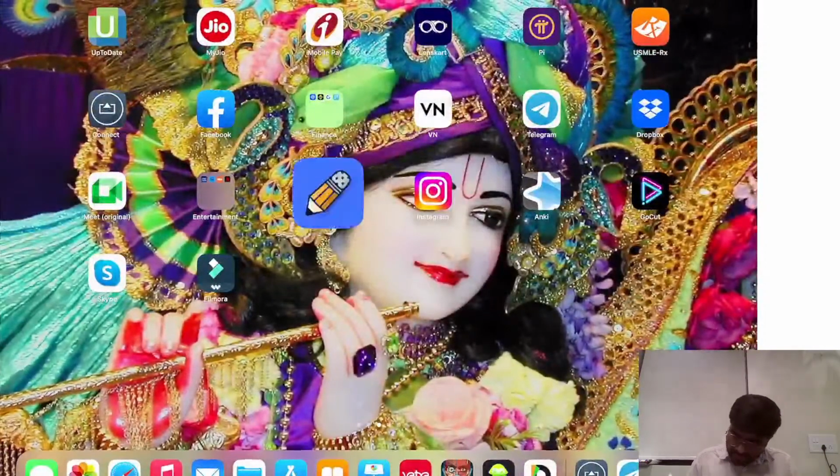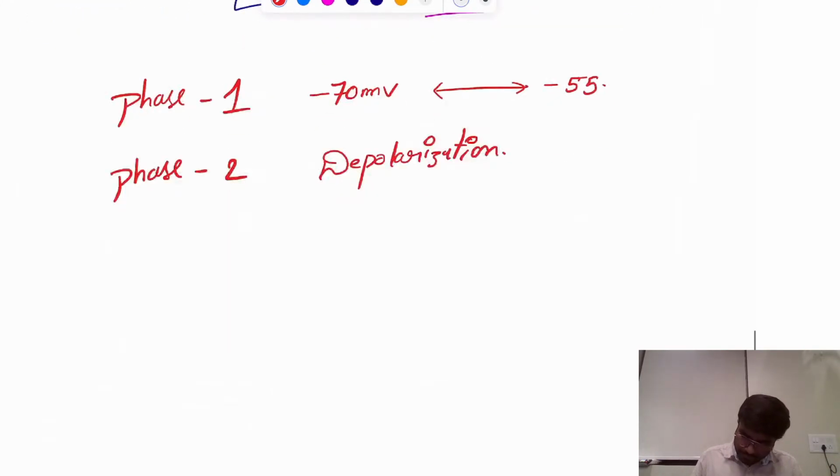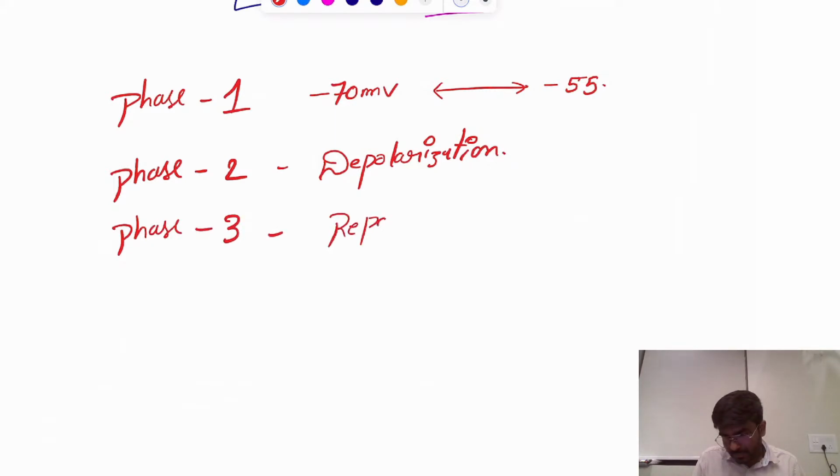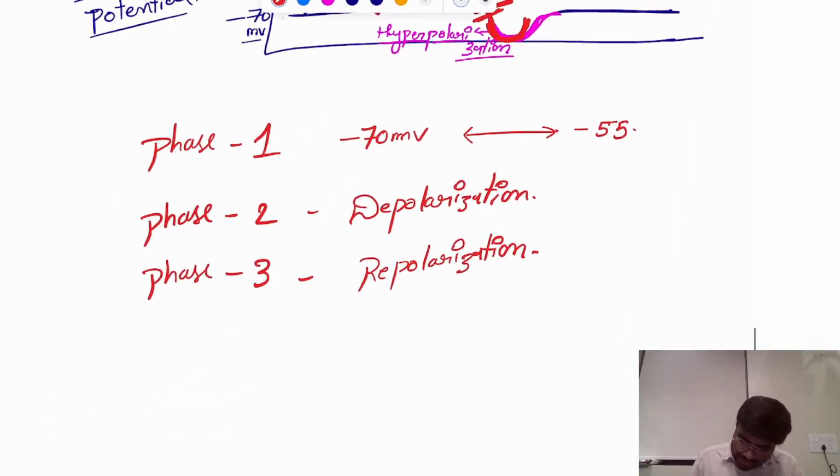That is called phase 3. Phase 3 is repolarization. Next, after repolarization, what do we have? From here to here, see the membrane potential is becoming more negative. That is called phase 4. That is hyperpolarization.